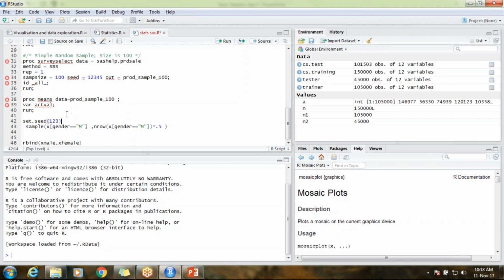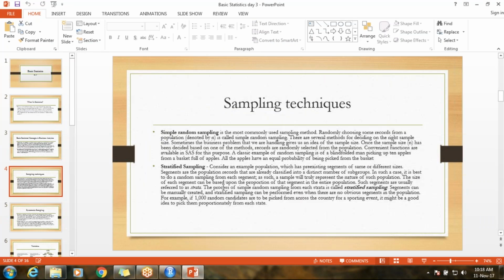Otherwise you can, but it is always recommended to have a seed number provided before you make any sampling process. Similarly in SAS code as well, we have seed equal to so and so. These are quite simple processes, and the code is already there. I will be sharing the code with you.